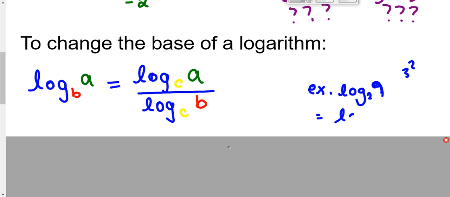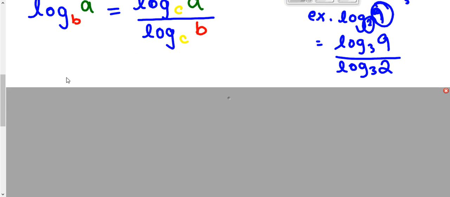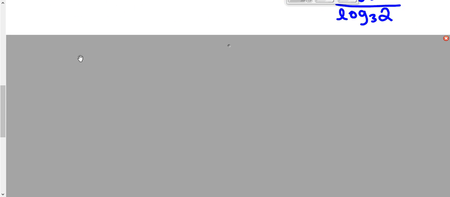So we would say that this is log base 3 over log base 3. Sometimes it's easier to set that up. The 9 would go on the top and the 2 would go on the bottom. Okay, so that's how you apply this change of base formula. So we're going to do a little bit more practicing with this formula, so keep it close for reference.